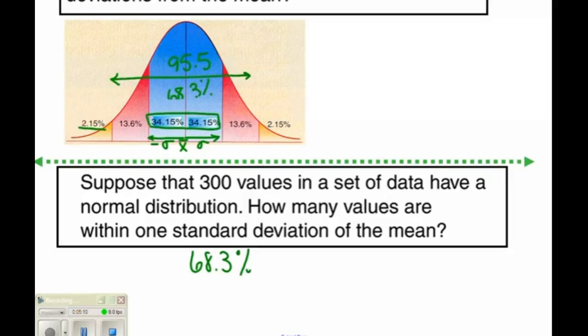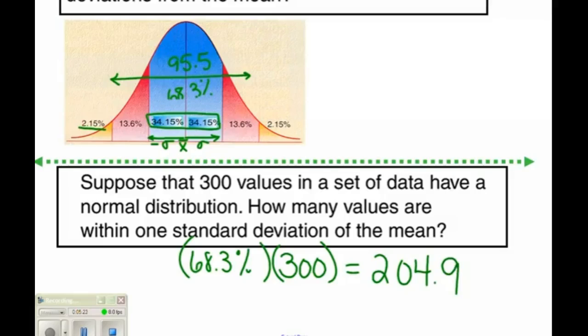So I'm going to take my 68.3% and multiply it by the 300 pieces of data. And if you do that calculation, you'll come out with 204.9 pieces of data. So almost 205 pieces of data would lie 1 standard deviation above or below the mean.